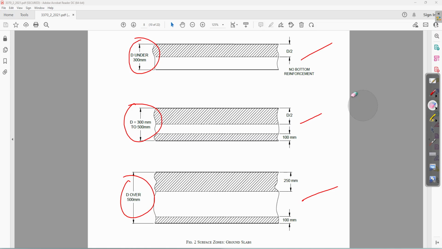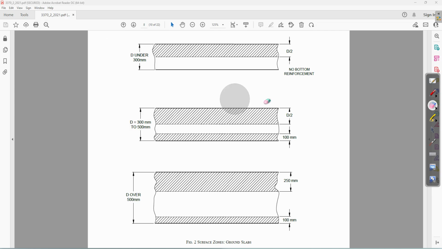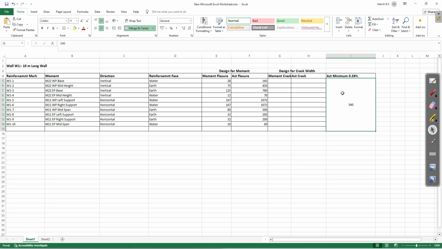Okay. So in our case, AST minimum is 540 mm square.